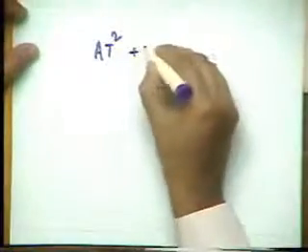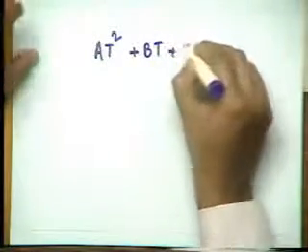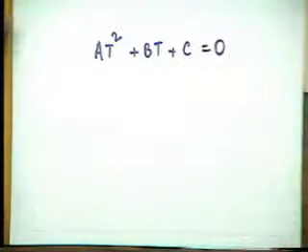And then we are taking the logarithm and then simplifying. And what we are getting is something very interesting. This gives rise to a quadratic equation, whose form is written as follows: A T square plus B T plus C equal to 0.